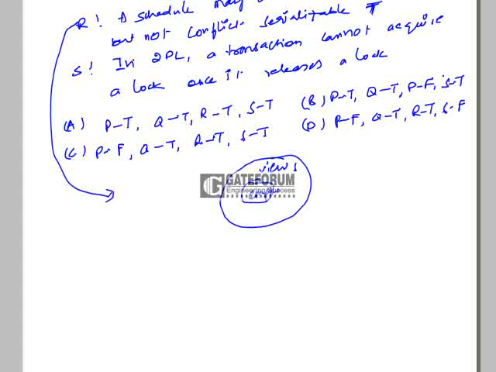When it enters into the shrinking phase, it is not permitted to request any locks. In the shrinking phase, all the locks would be released. Once it starts releasing locks, it is not allowed to request any lock. So statement S is also true. Only statement P is false. All the remaining statements are true. So the correct option is option C.